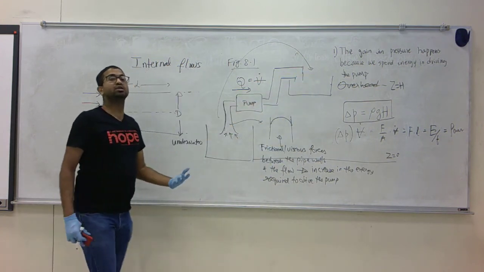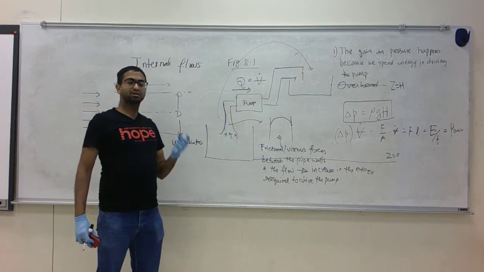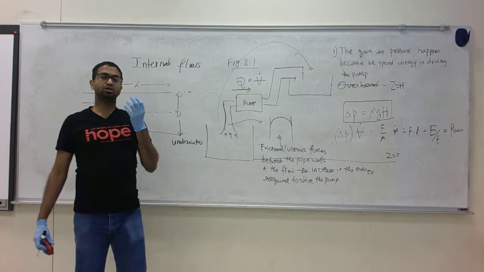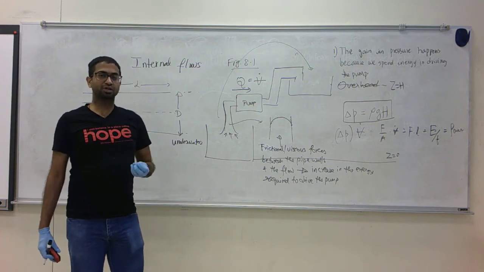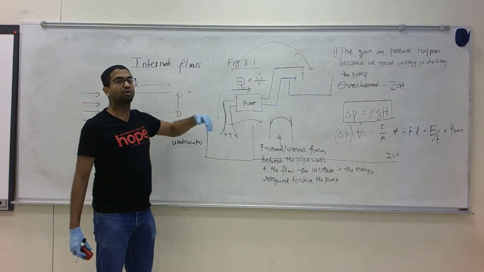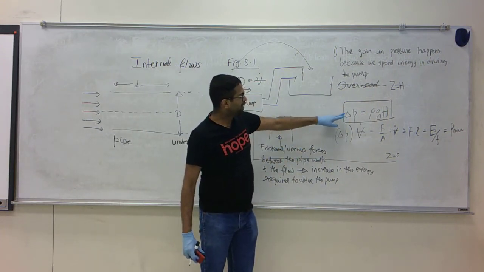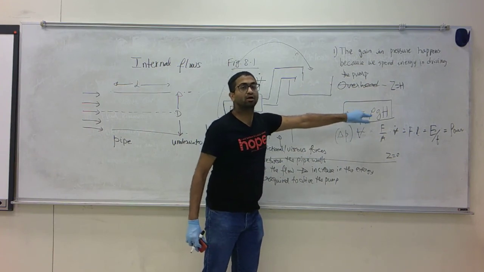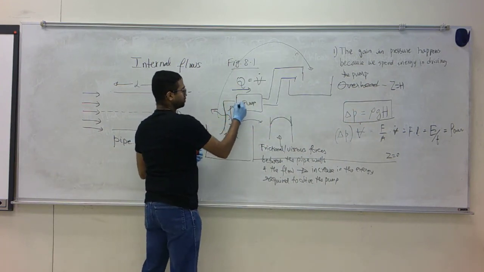But since there is friction, each time water flows past the surface, some amount of kinetic energy of the water is taken away by the surface as skin friction or heat. You have to put in more energy than what you get out. That is, the energy that you have to input has to be more than this in order to get this, because some of it is lost to friction.